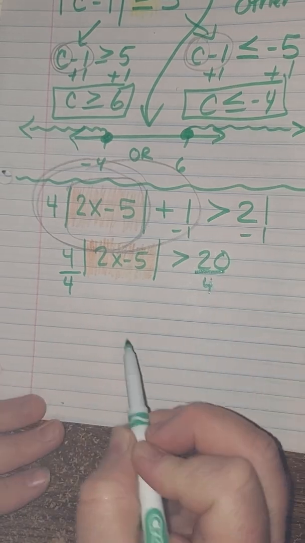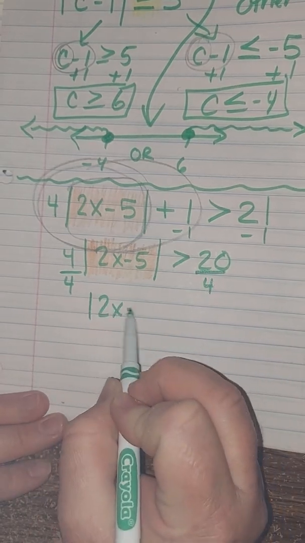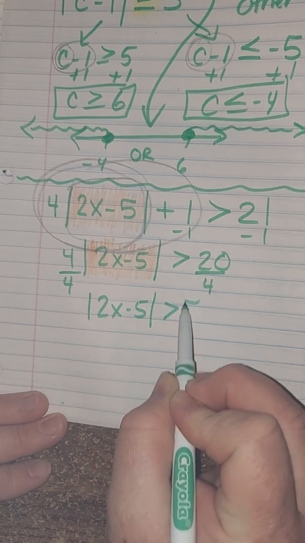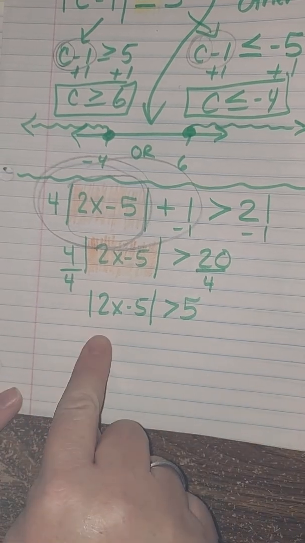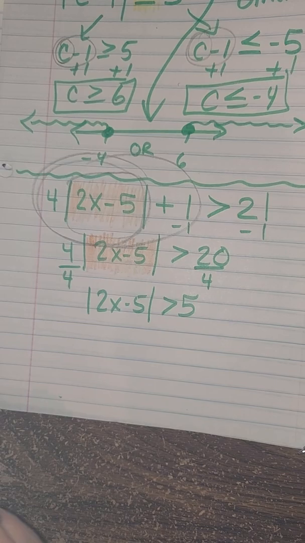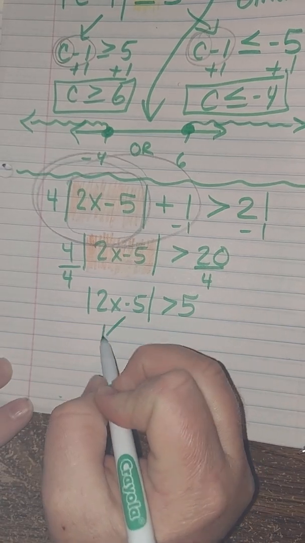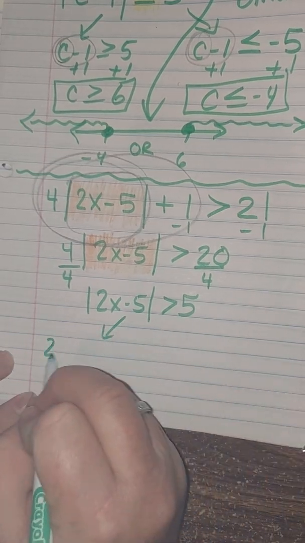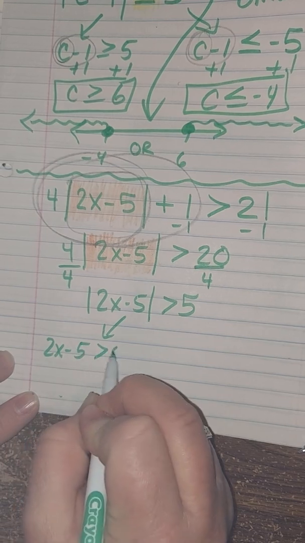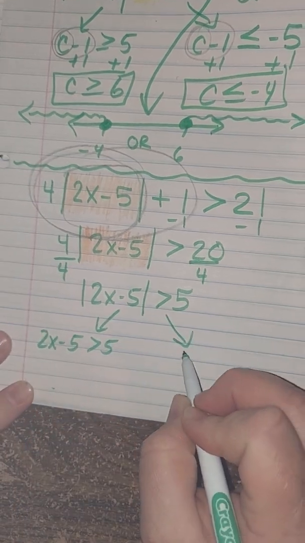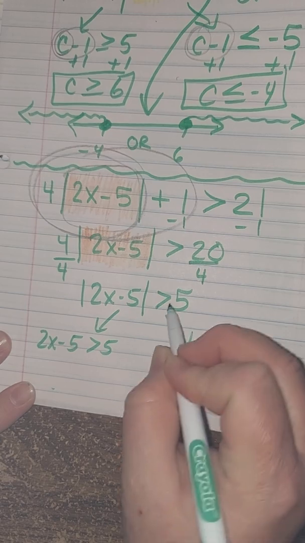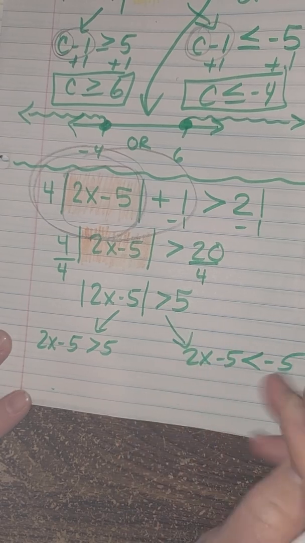I'm not distributing, just want to get rid of that 4. Okay, am I isolated? Yes. Well, then I'm ready to go. 2 scenarios. What you see is what you get. And flip the sign and make that negative.